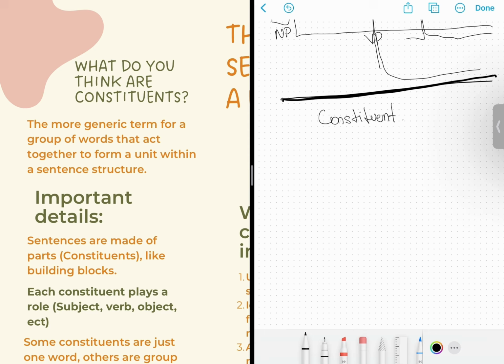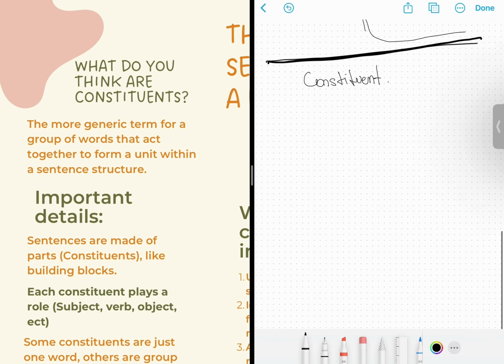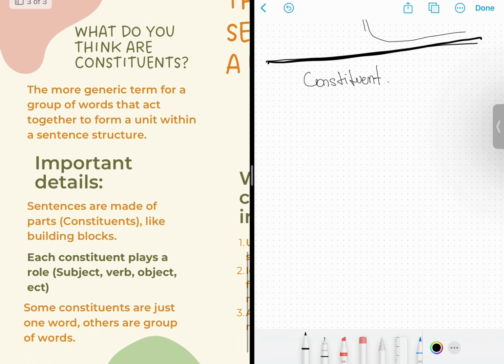And that is not something new. Now you're going to realize that it is mainly the same that I have been explaining. Important details that we have to keep in mind: sentences are made of parts. Constituents, those are constituents, like building blocks. Yeah, because we do the parsing.